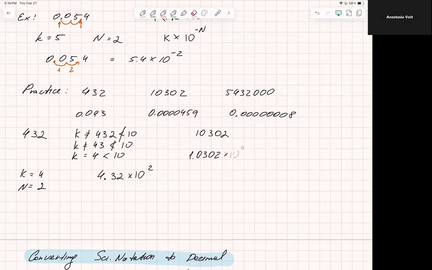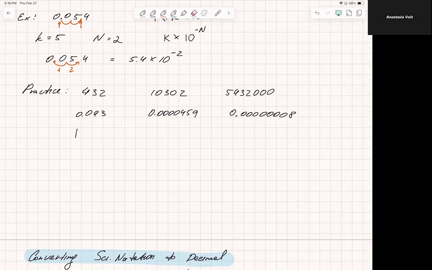Okay, now let me erase that, and let's do the other examples. Now we have 5,432,000. We want to convert it into scientific notation. Again, our K is usually the first digit of a number if it's not a zero.